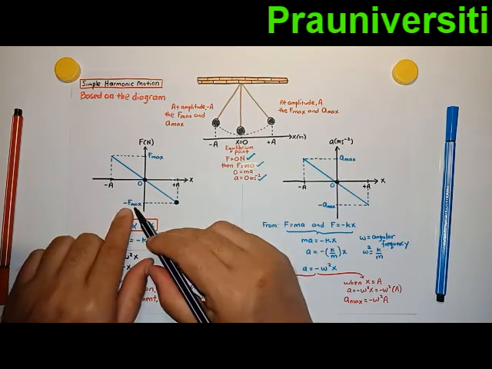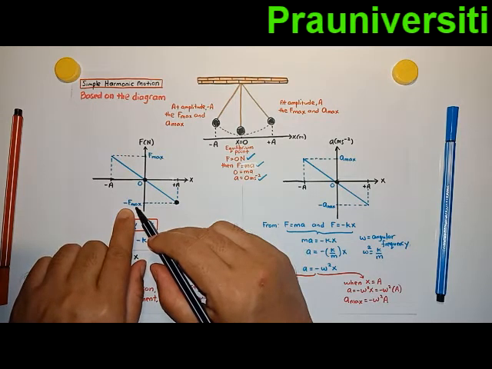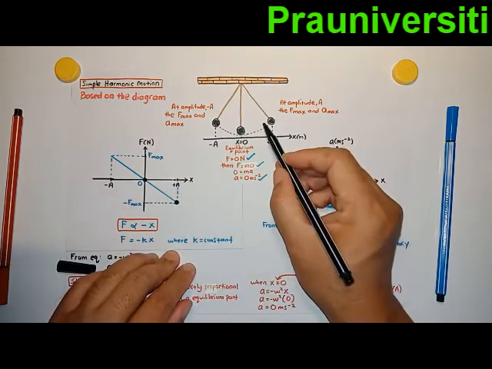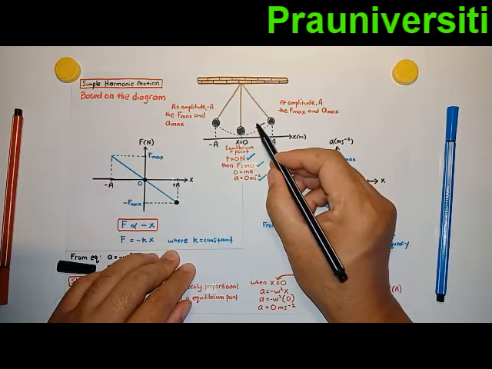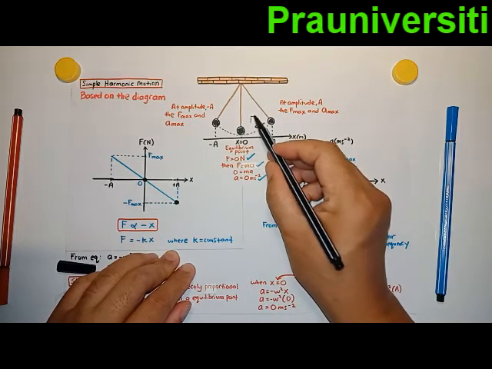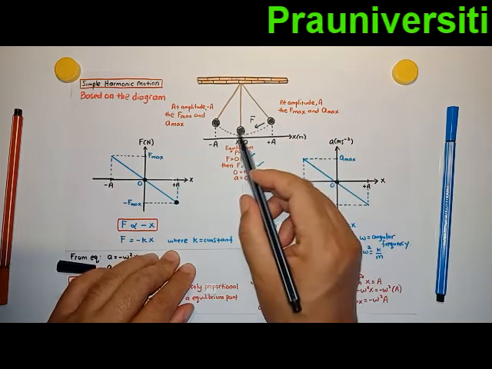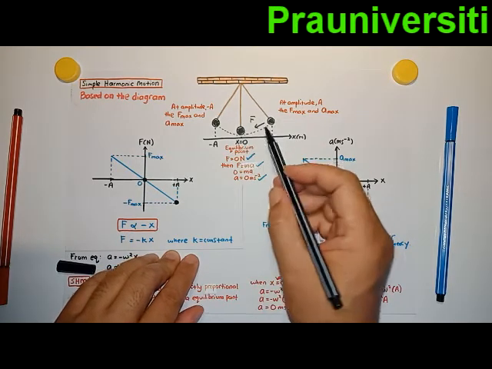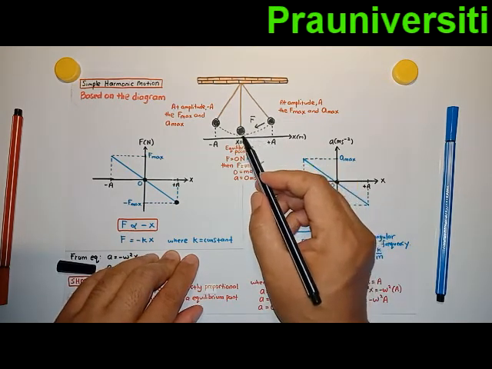The F is negative, so in this case a maximum. Why is the F negative? Because the direction of the F is here. This means the direction is towards the negative displacement, and then it turns back to the equilibrium point.